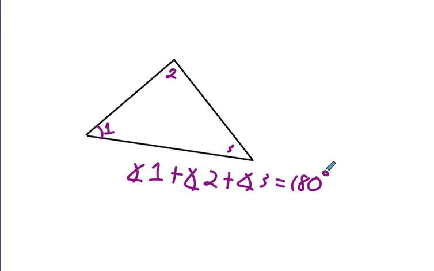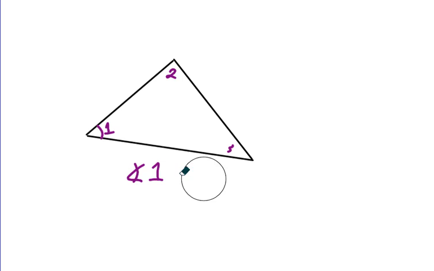The three interior angles sum is always 180 degrees. And that's useful when we look at these other polygons, because we're going to use that prior knowledge. So we're going to transform this triangle into a quadrilateral.